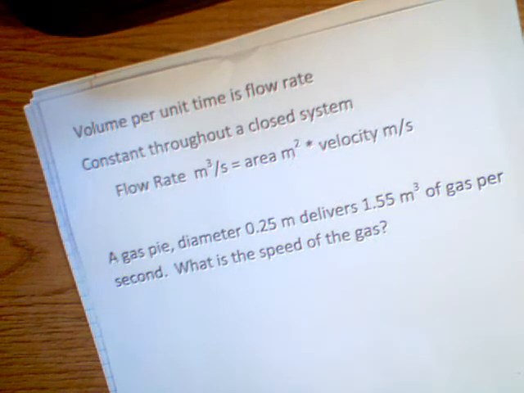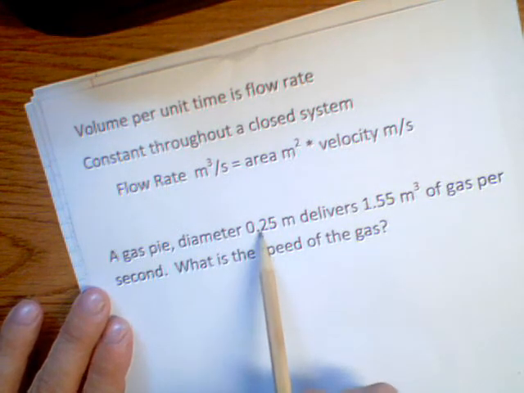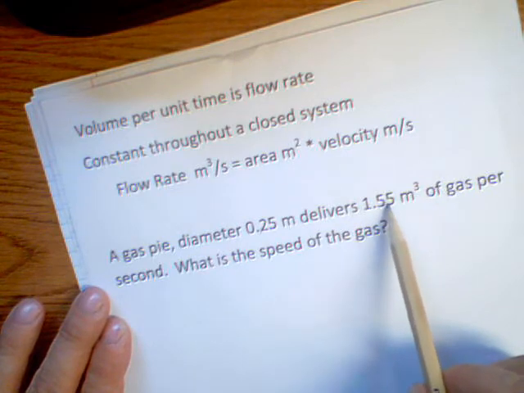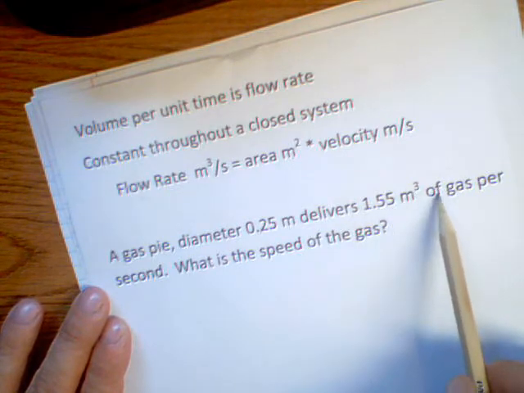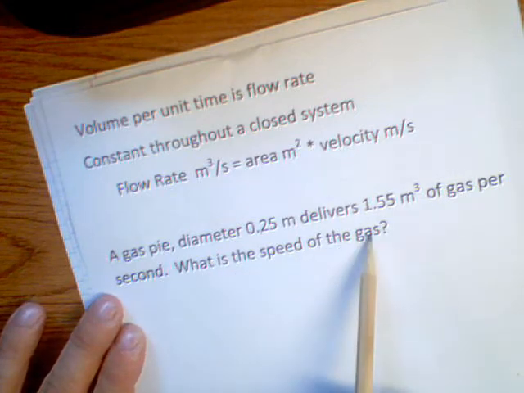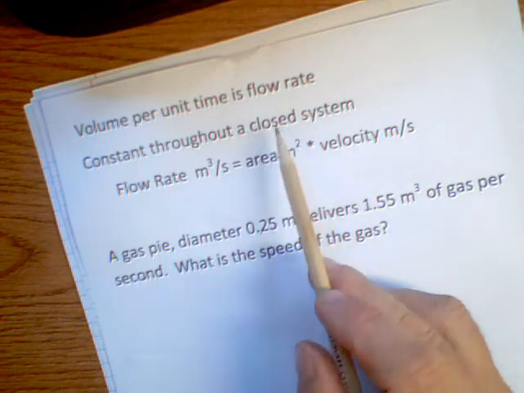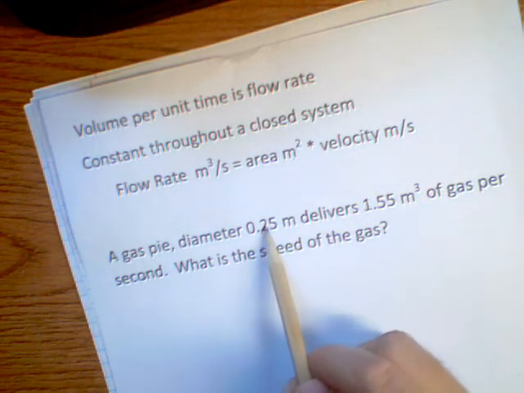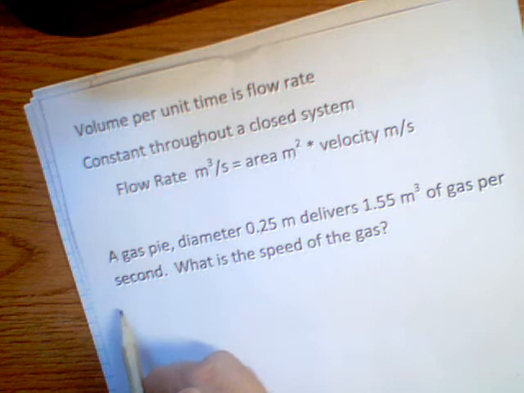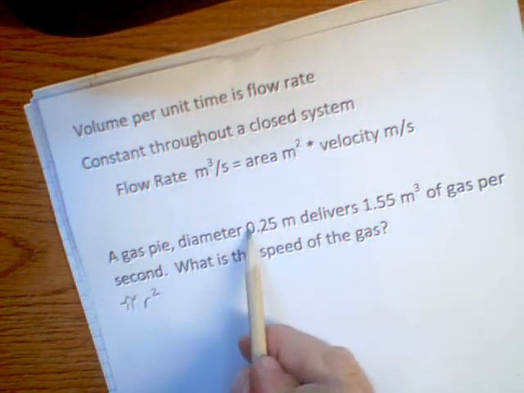So let's try the first one. Gas pipe, diameter 2.5, delivers 1.33 meters cubed of gas per second. What is the speed of the gas? Well, we should look at this, and first we should see that we're going to have to turn the diameters into area. So that's our first problem. And so we're going to have to say pi r squared, and so we're going to have to take half of this diameter, aren't we?